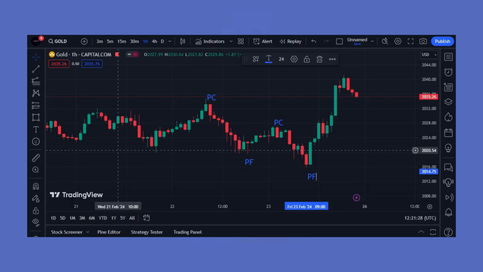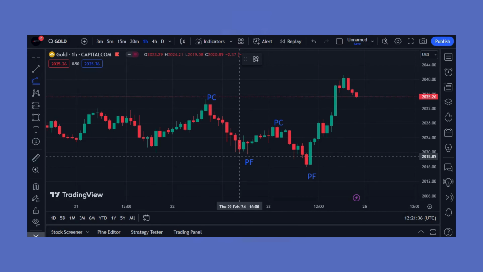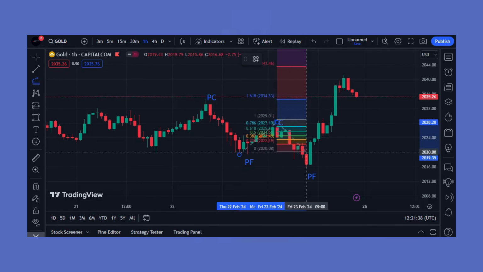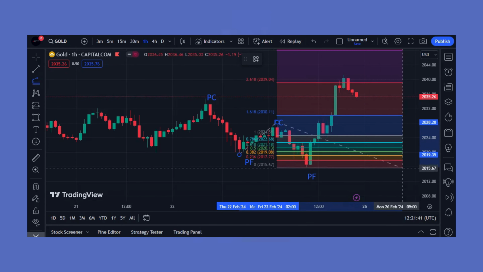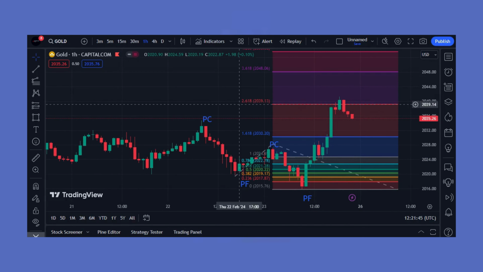Once I have my price floor and price ceiling, the next thing I use is Fibonacci extension in order to check how far the price has traveled. Here, as you can see, the trend has traveled to the Fibonacci key zone of 2.618, which is my critical point.